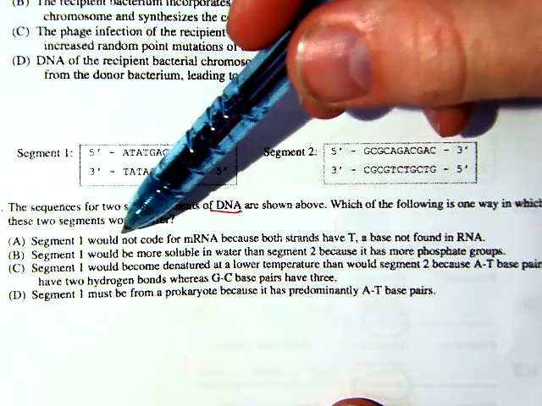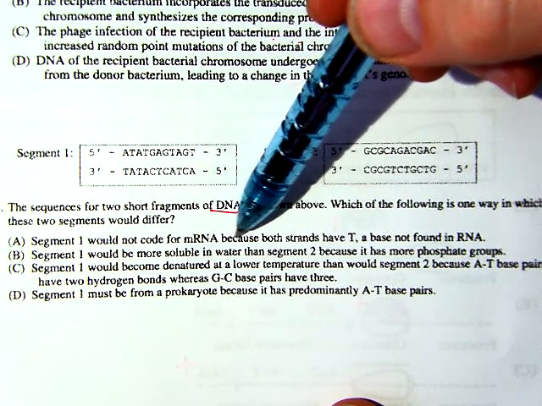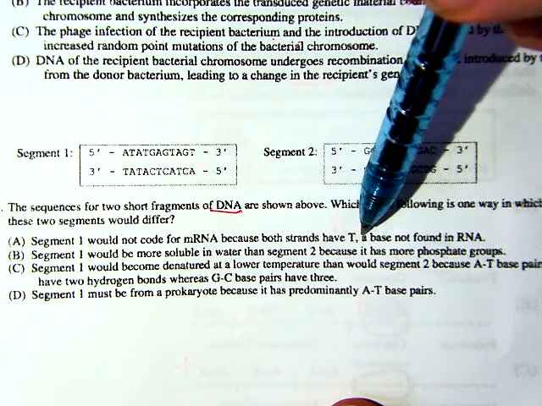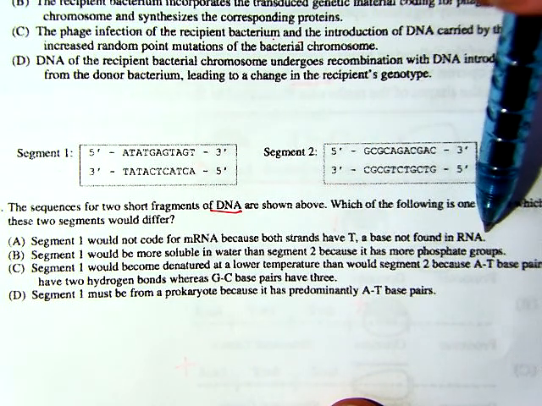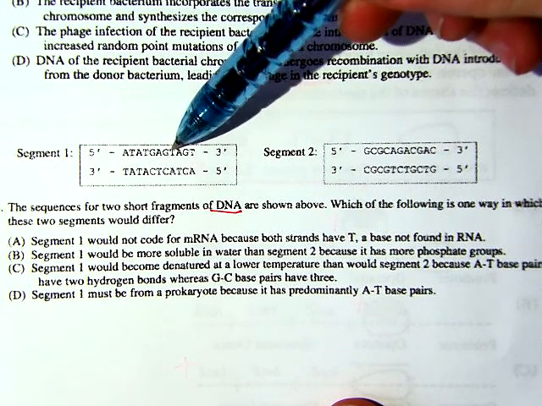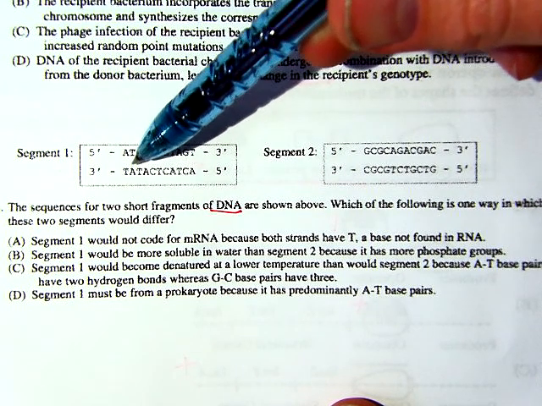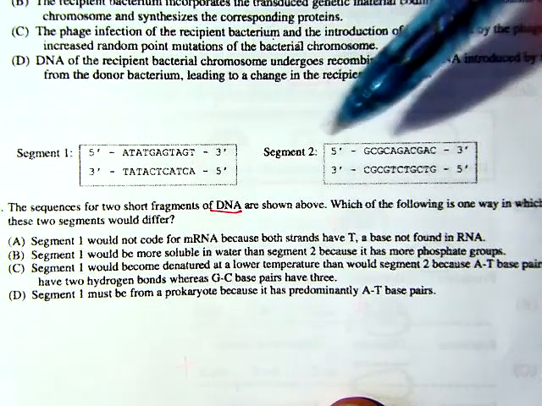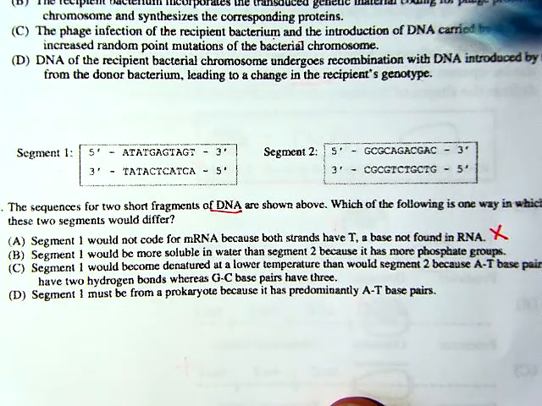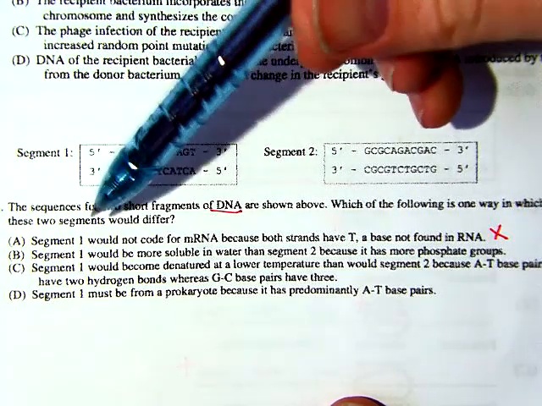Segment 1 would not code for messenger RNA because both strands have a T, a base not found in RNA. Well, if there's a T here, you write an A on RNA. And if there's an A on the DNA, you write a U. So that is incorrect. Faulty thinking there.